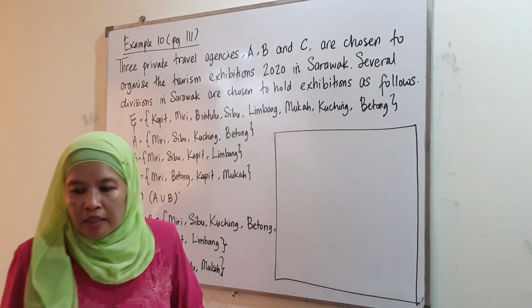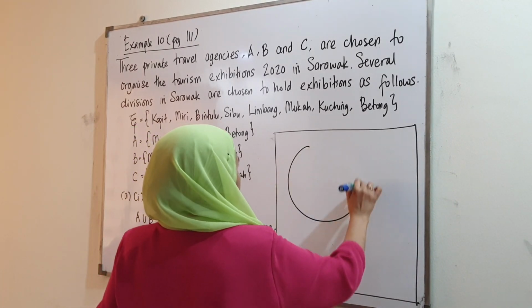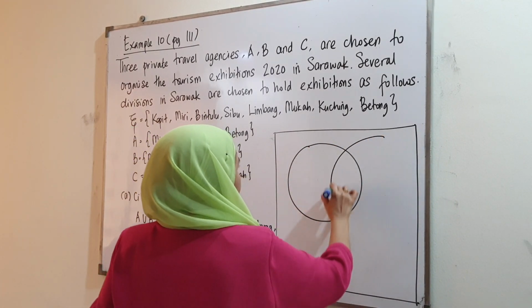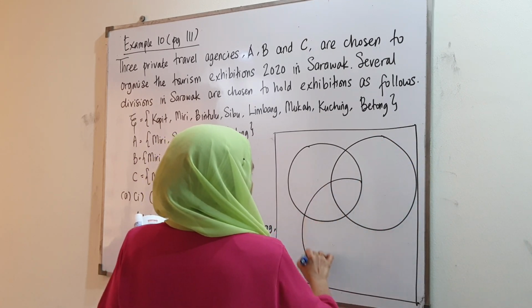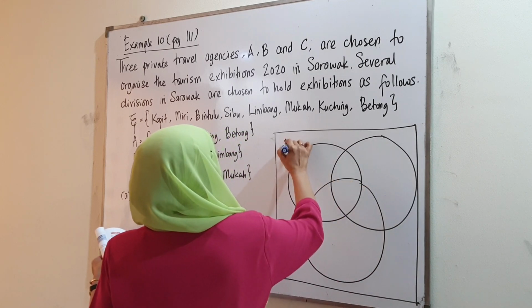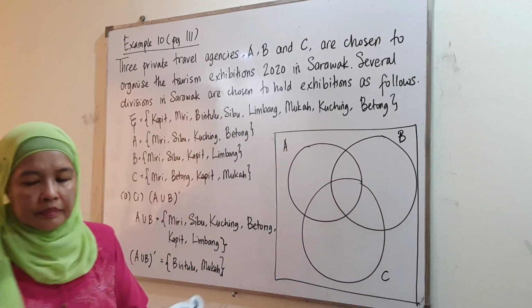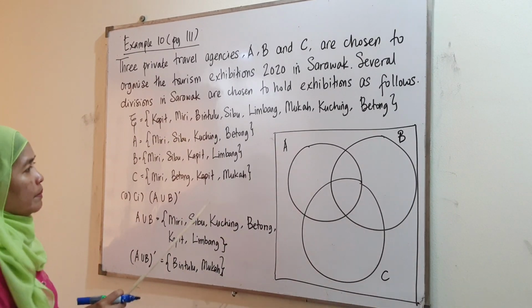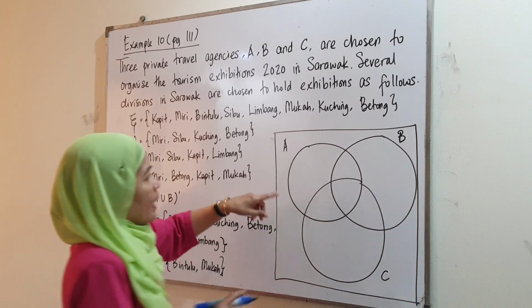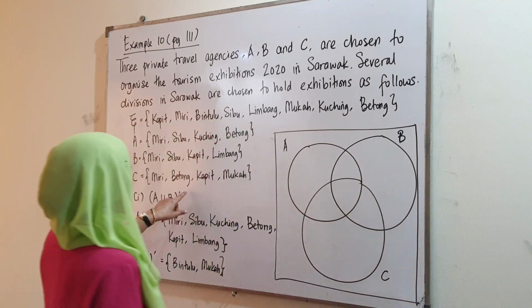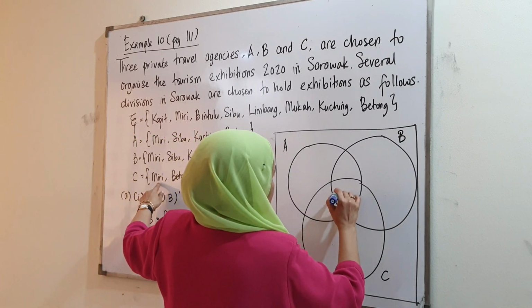Now A, B, and C. We have to find the intersection of A, B, and C. The intersection is Miri, they all have Miri.